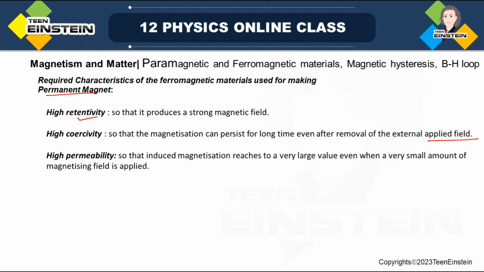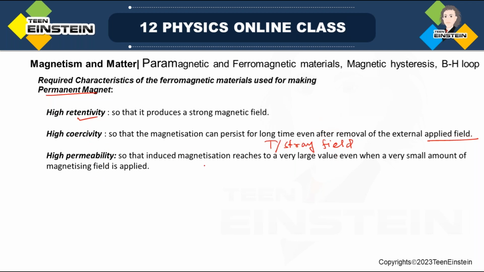Not only that, coercivity should be high, otherwise due to temperature fluctuation or some stray field near the permanent magnet, the magnetization may become zero. Stray field or temperature should not reduce its magnetization to zero. That's why coercivity should be high.